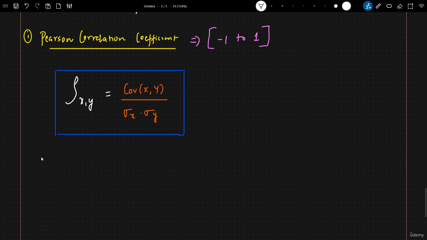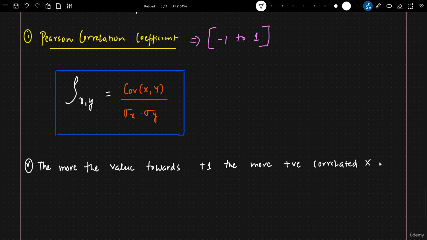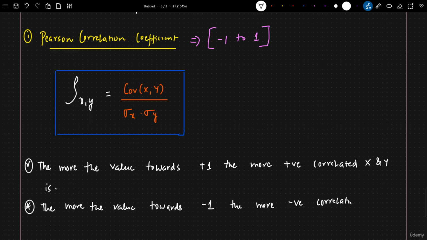Now understand over here. Here I will go ahead and write some important points. The more the value moves towards plus 1, the more positively correlated x and y are. Second point: the more the value moves towards minus 1, the more negatively correlated it is, specifically x and y.